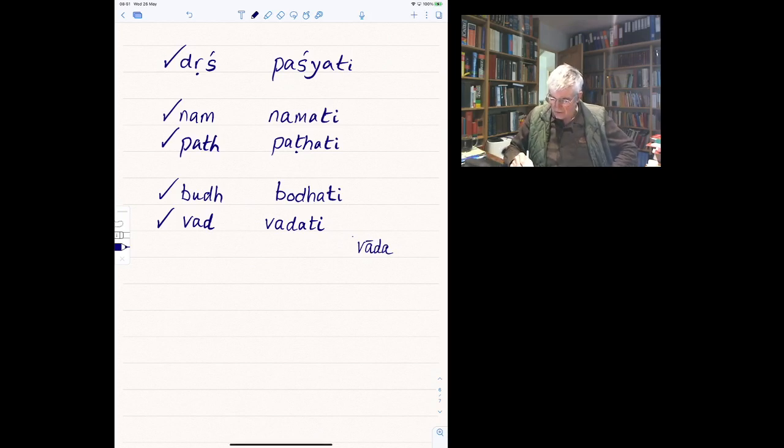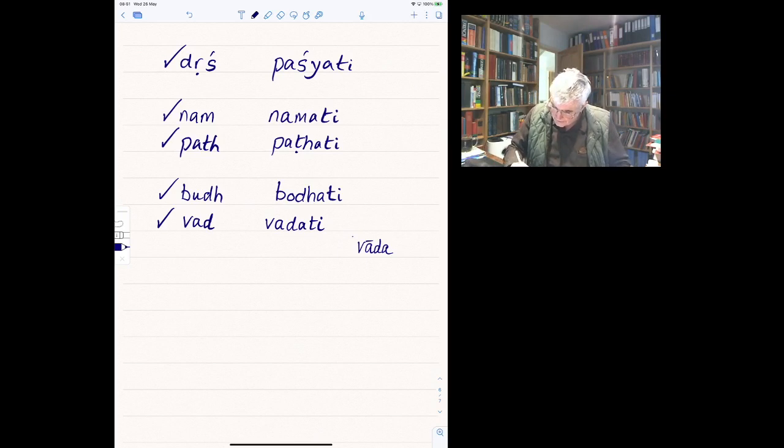You get a root with a short a, and it lengthens that a to a long a for the verbal noun, vada. So vada means a saying. And then by extension, what you say, what you teach people. So Theravada is the teaching of the elders. The word Thera means an elder. Theravada, the elders' saying, therefore the teaching of the elders.